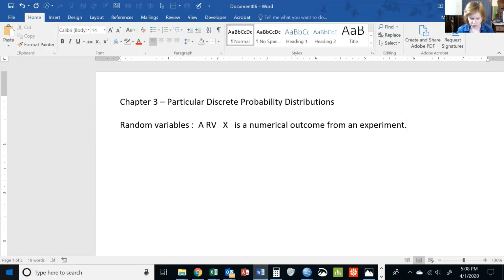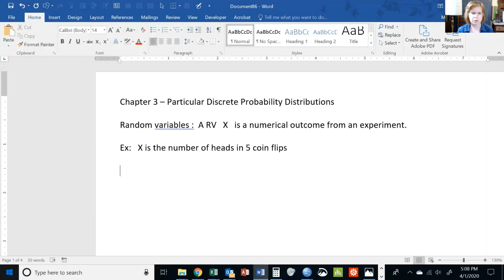We've had a few examples of that where x is the number of heads in 5 rolls, or in 5 coin flips. Many other things: number of heads, number of green cards, all sorts of examples.